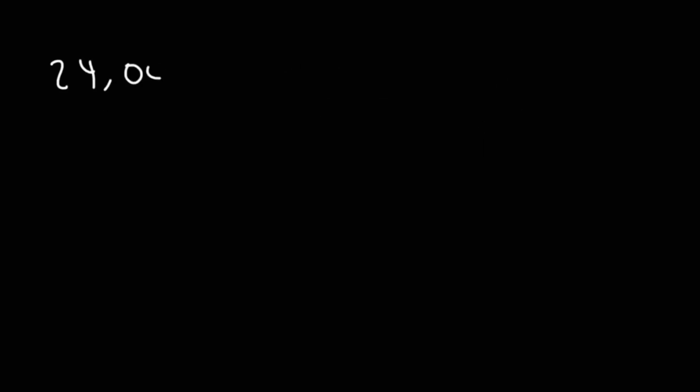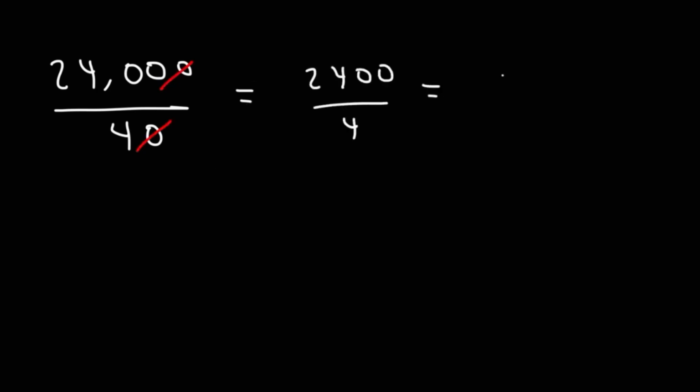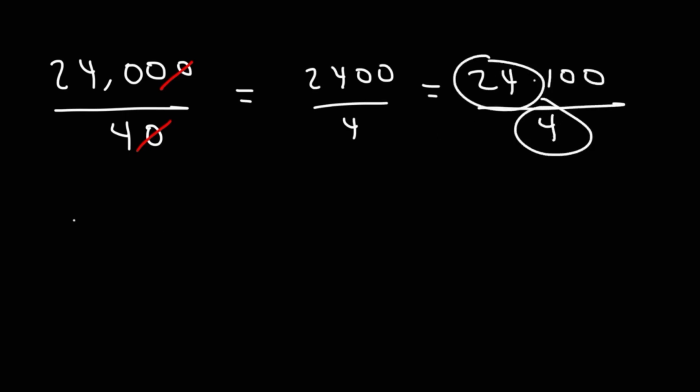Now what about 24,000 divided by 40? If you see this, the first thing I would recommend doing is canceling a 0. So this becomes 2,400 divided by 4. 2,400 is 24 times 100. And 24 divided by 4 is 6. So you have 6 times 100, giving us the final answer of 600.